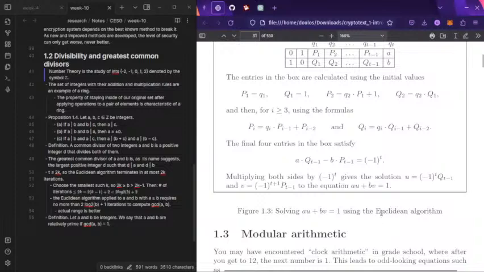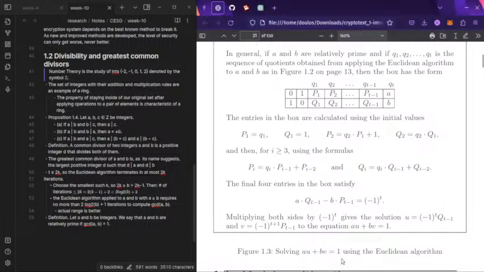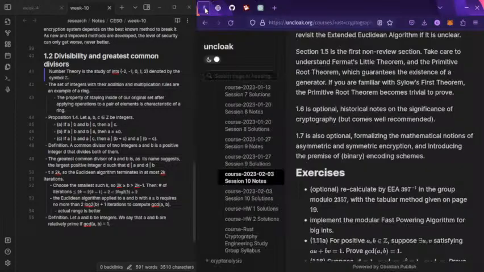So basically, we now know that the extended Euclidean algorithm, AU plus BV, should equal 1. And so we basically understand that this number and this number are relatively prime, right? These numbers here. So we know that you can multiply U and V to these two in some way to also get 1.